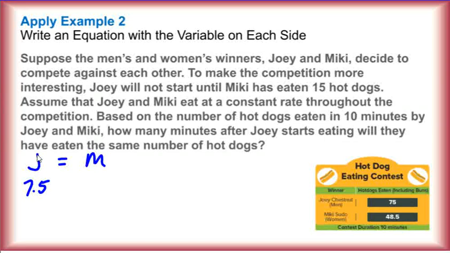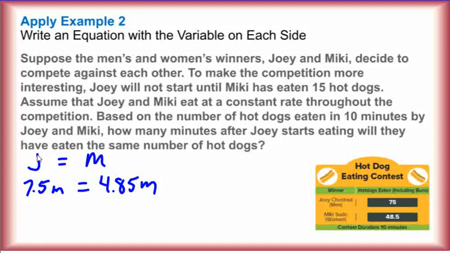I'm going to use M for minutes. 7.5 M per minute Joey would eat, and Miki would be 48.5 hot dogs in 10 minutes, which would be 4.85 a minute.